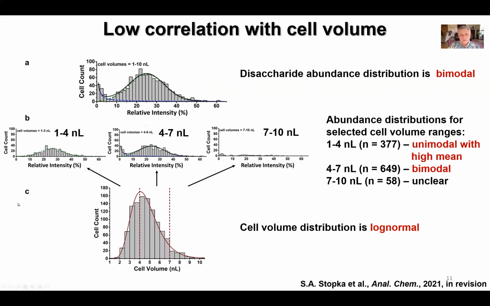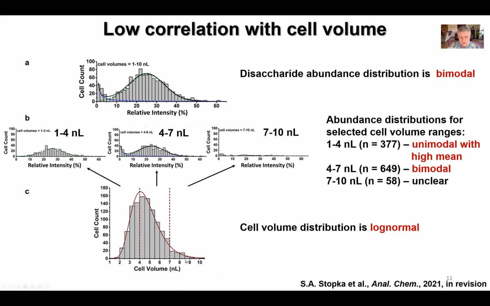Another question we were wondering about was, especially in the case of this bimodal distribution, is there a relationship with the cell volume? So is it possible that larger cells that are more mature, or maybe in other cases closer to division in the cell cycle, exhibit a different metabolite composition?